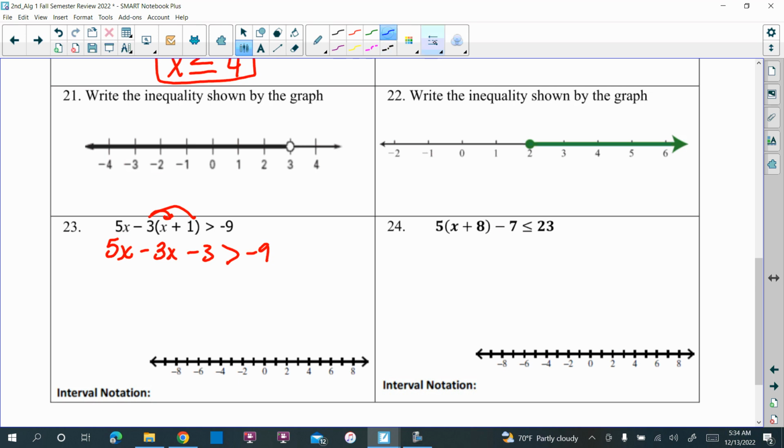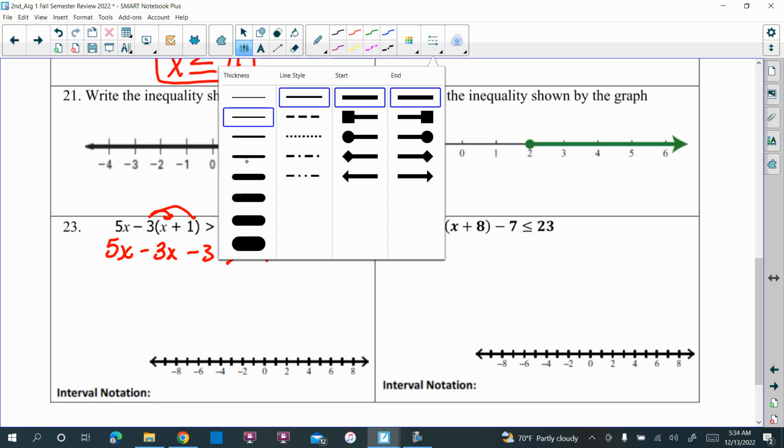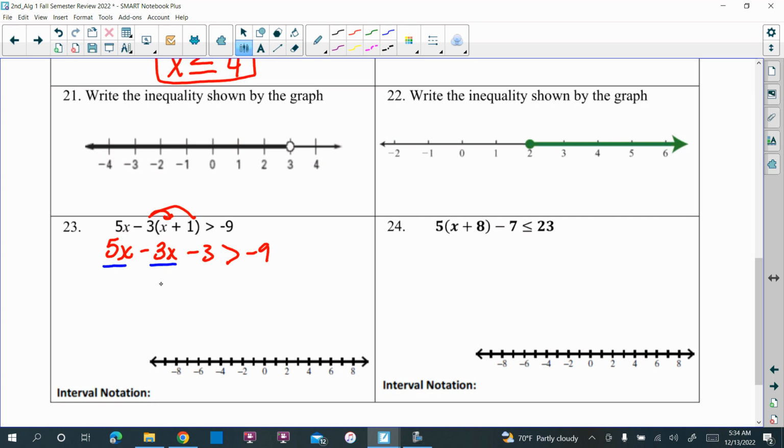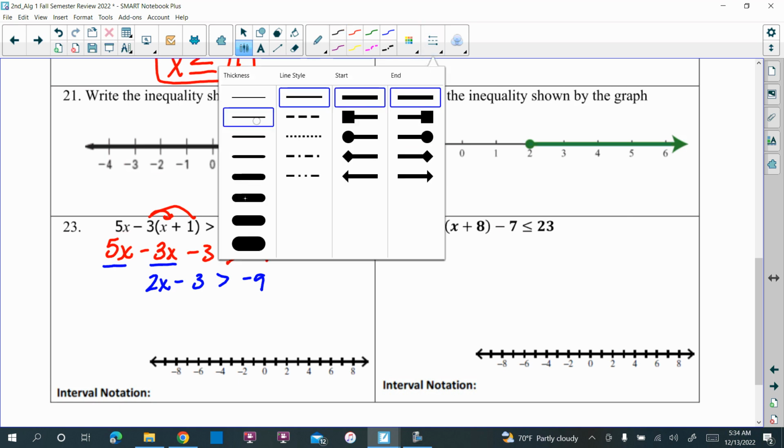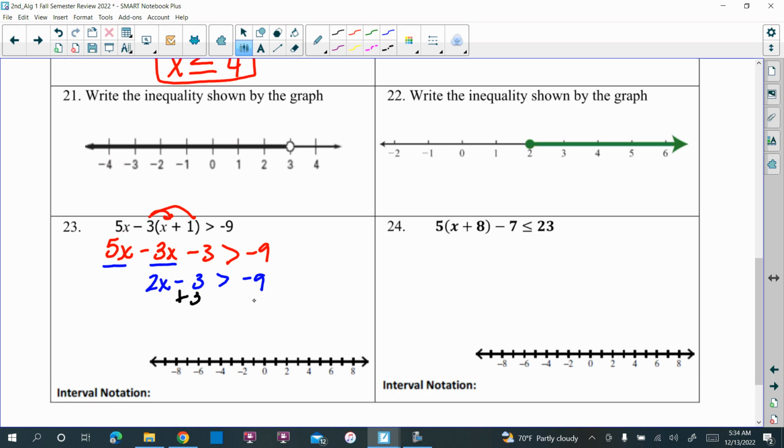Then you should combine your like terms, which gives me 2x minus 3 is greater than negative 9. Then we isolate the x term, the 2x. Right now it's 2x minus 3, so do the opposite. We have to add 3 on both sides. When we do that, we have 2x is greater than or equal to negative 6.